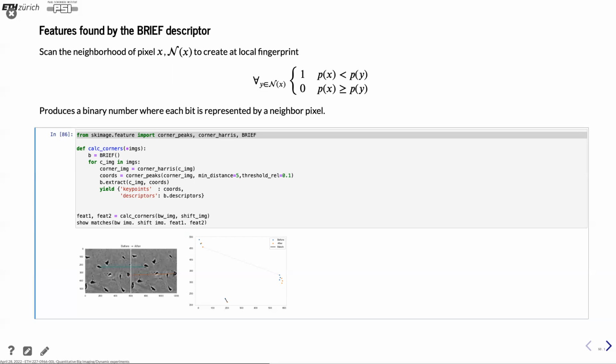We compute the corner image for each using the corner Harris function, which is part of scikit-image feature. From that, we identify the coordinates of each of these corner peaks. Then we extract the descriptors using this BRIEF extractor using the image and the coordinates, and that produces key points and descriptors.